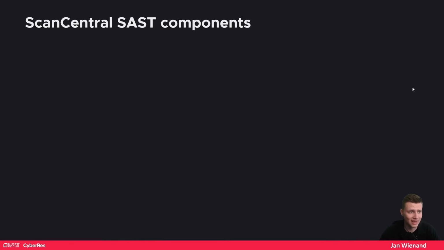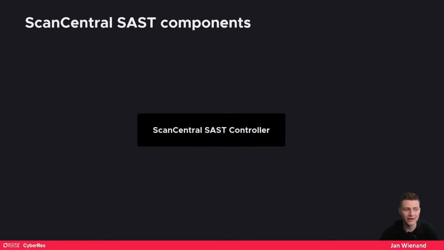And with that, we can go through the components part. First of all, to give you a good overview about the whole components, this is very important to understand which kind of components we need, why we need them, and how to configure it the right way. So first of all, when we're talking about ScanCentral SAST, we have something called the ScanCentral SAST controller.